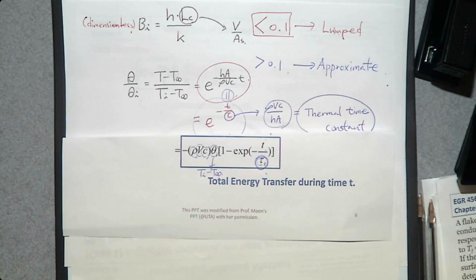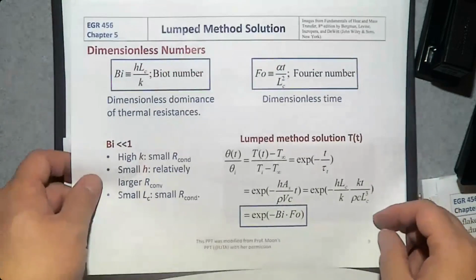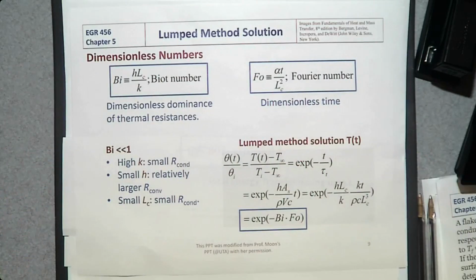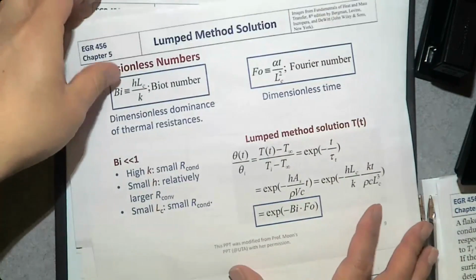When we go to convection heat transfer or fluid mechanics, many times we do dimensional analysis. So sometimes people like to use dimensionless numbers, like a Biot number. And in this chapter, I'm going to introduce a Fourier number.